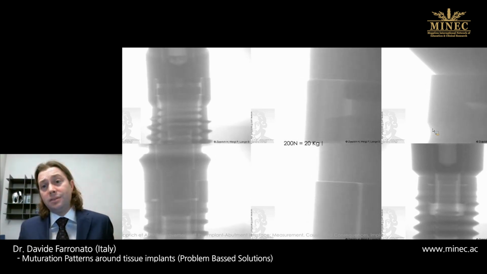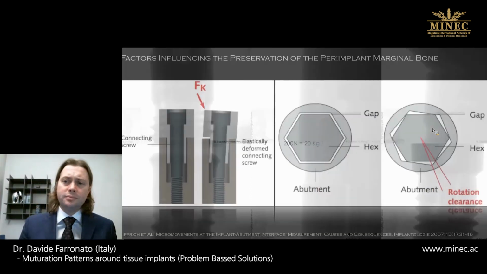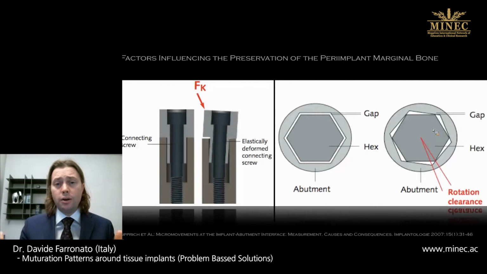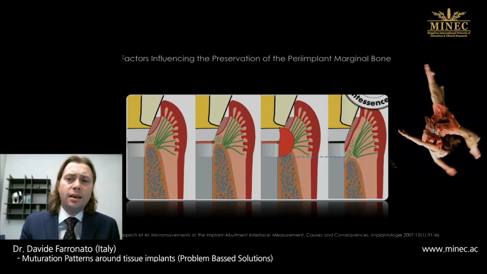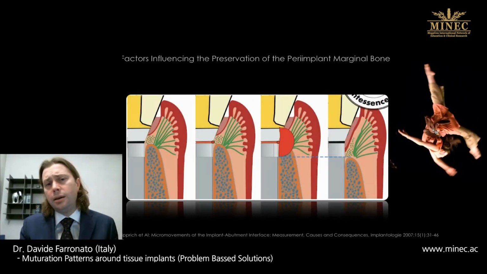And what happens is that these micro movements, which are not only sagittal but also rotational, give at the end a leakage of bacteria and endotoxins. It's a little bit long to explain in detail, but you can imagine that cells, water, proteins, bacteria go inside the implant at a masticatory cycle.